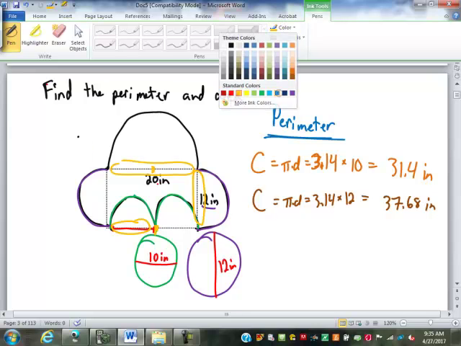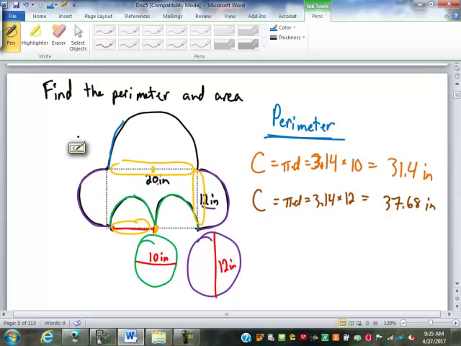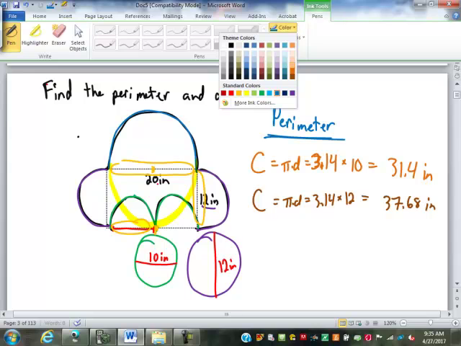So then, finally we have this big one, which is truly a half circle. We treat it as though it were a full circle, so we find its full circumference.